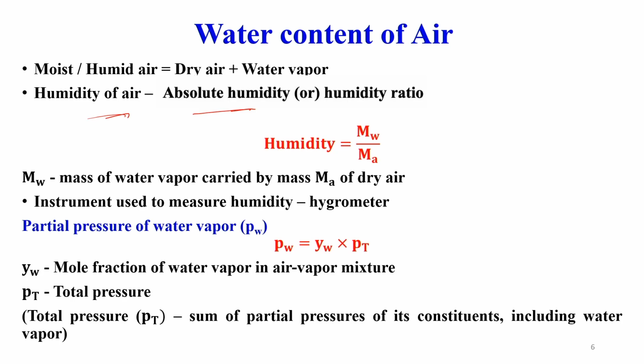It is defined as the mass of water vapor, mW, carried by the mass of dry air. Typically you use a hygrometer to measure the humidity. Many times it is not possible to measure the weight.